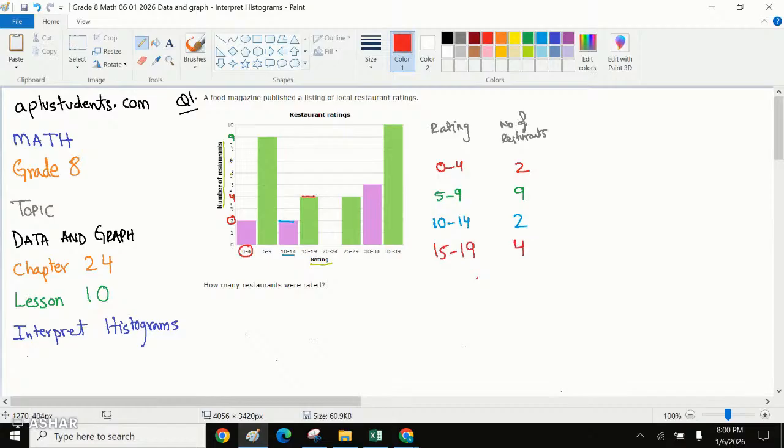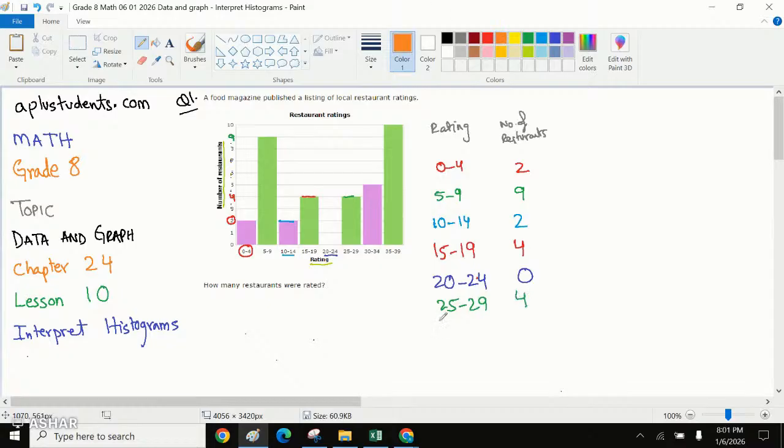Okay. Between 20 and 24, there were no restaurants which were given a rating between 20 and 24, so we write a 0. Moving ahead, 25 to 29. How many restaurants were given a rating? 4 restaurants were given a rating, okay?